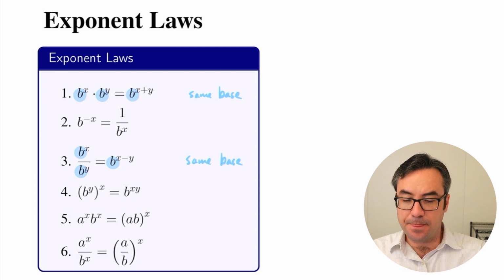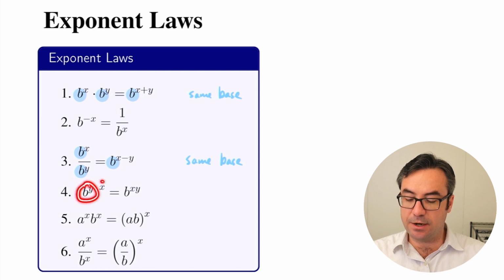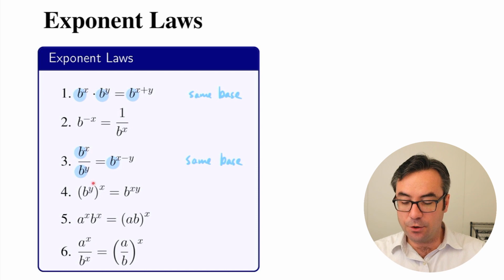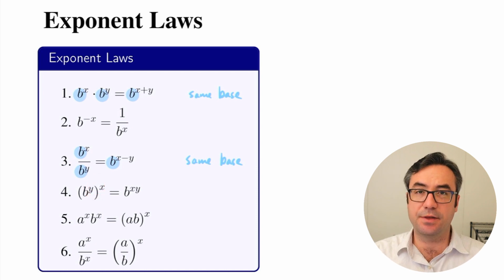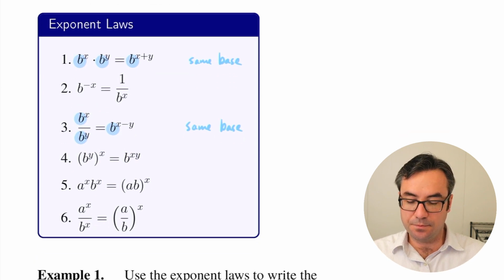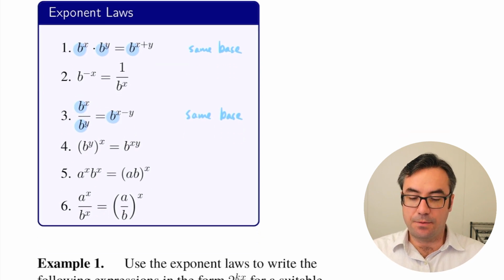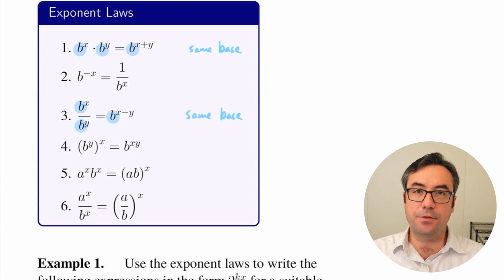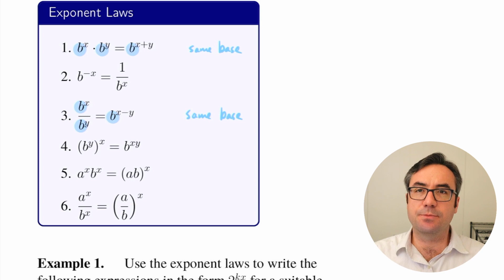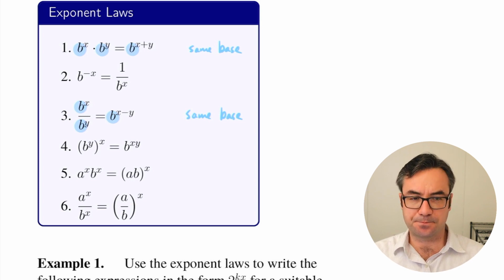Another property: if we have an exponential term getting raised to another power, when we have multiple exponents like this, we can multiply the exponents. Now, the last two properties here are almost like a distribution property.